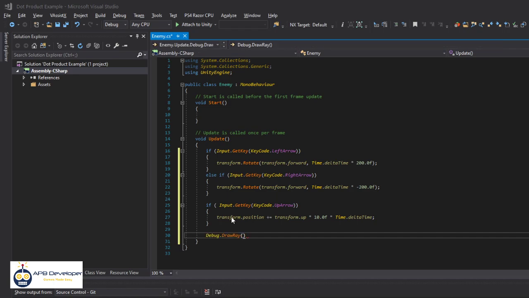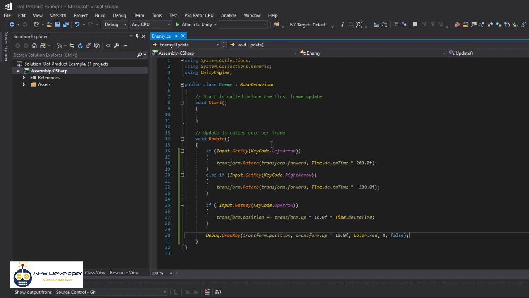And just so you can see the direction of things, transform. We'll draw a line, just a debug line from where we are. Still keeping the hue in colour.